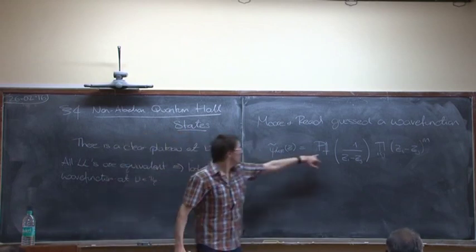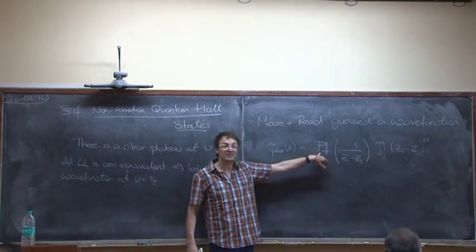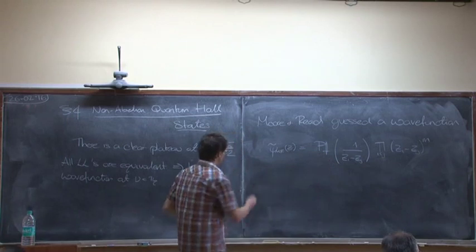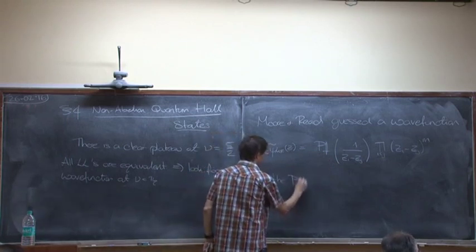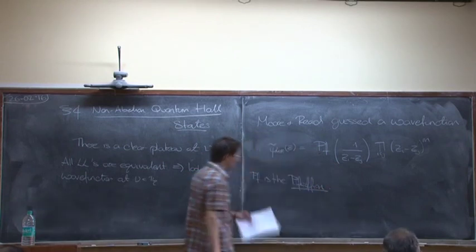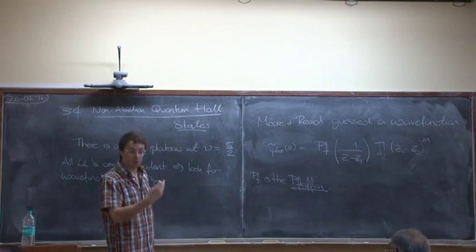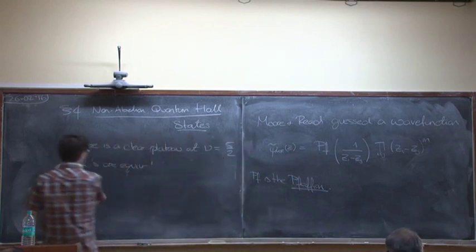Okay. So what I need to do is just explain what this symbol PF stands for. PF is the Pfaffian, and let me just remind you or tell you what a Pfaffian is in case you have no idea.